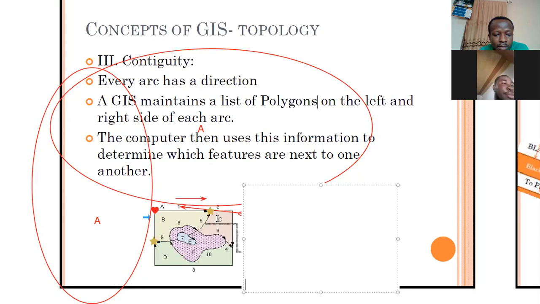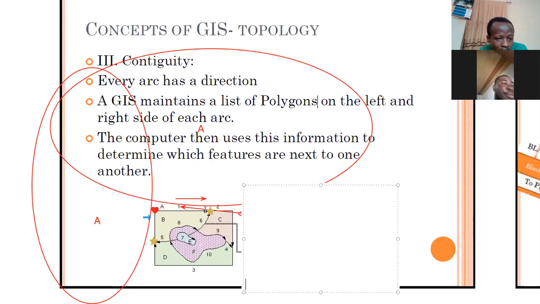Your left is what I told you: any other area outside of these polygons B, C, D, E, F is A. So A is like the world, or the sea, and these polygons are the island.